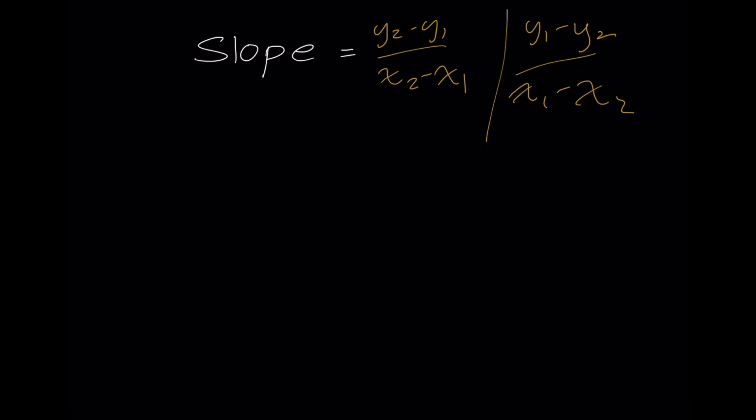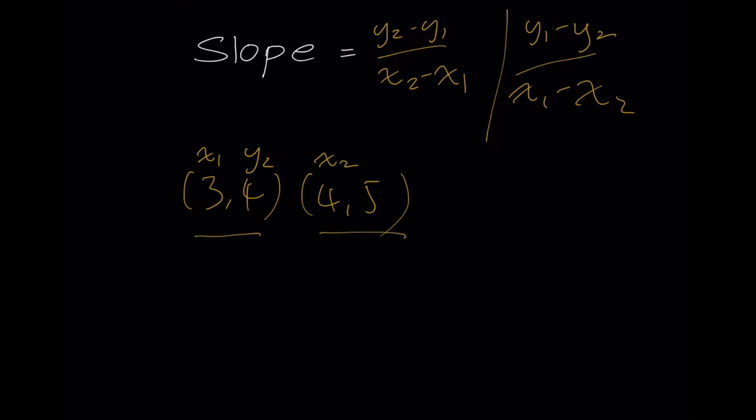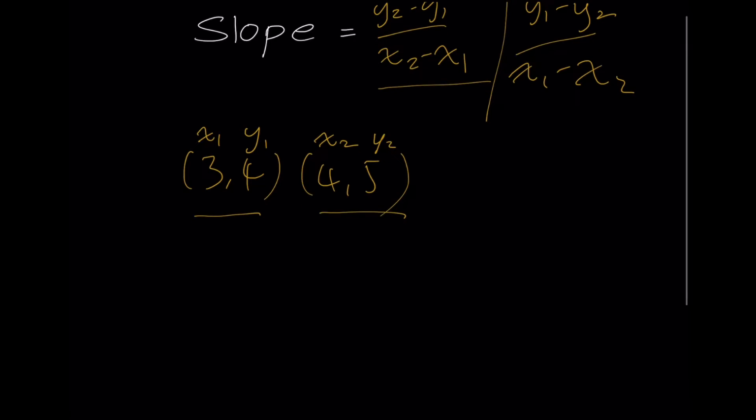Let's have an example. So we have 2 points: (3, 4) and (4, 5). These are 2 points from a graph. 3 is our x value, this is also our x value, and these are the y values. So let's use the formula. y2 minus y1, so 5 minus 4 over x2 minus x1, 4 minus 3.